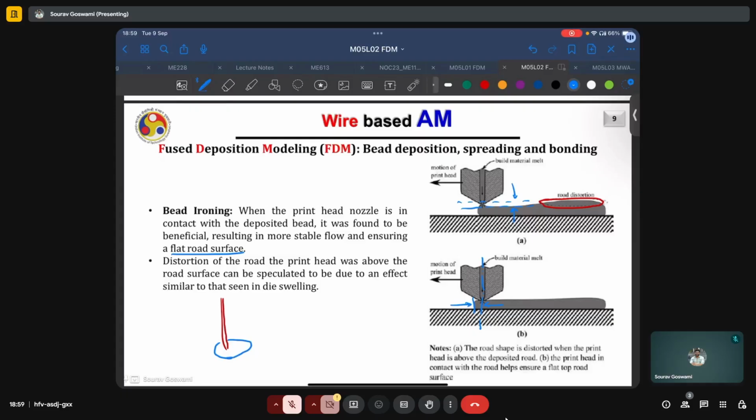Of course, this oblong shape is because of the travel or motion of the laser beam, but you always have some material ahead of it and some behind. Similar is the case for the bead ironing phenomenon, and the distortion of the road when the printhead was above the road surface can be speculated to be due to an effect similar to that seen in DED.